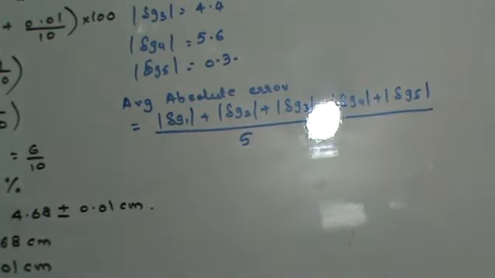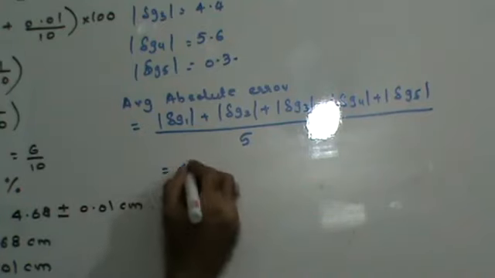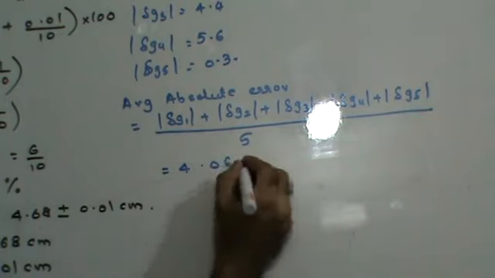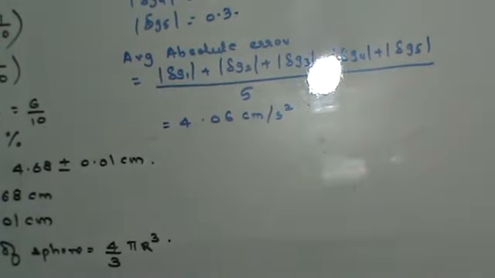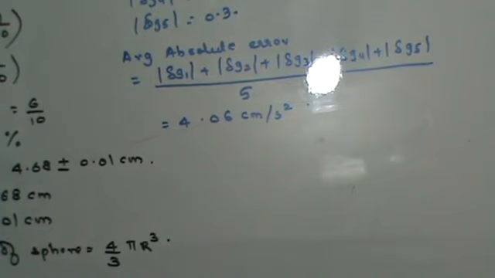There are 5 terms, right? When you add and divide, you will get 4.06 centimeters per second square. So the average absolute error is 4.06 centimeters per second square.